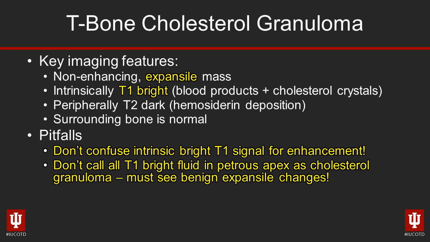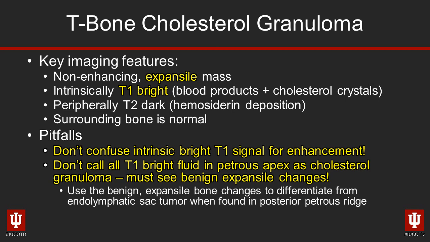This may just be due to proteinaceous or inspissated secretions within aerated petrous apex cells. You certainly don't want to make the mistake of calling those a cholesterol granuloma, because we don't want those patients to go to surgery only to find out afterward that it wasn't really a cholesterol granuloma. Again, I want to stress, use those benign expansile bone changes to make this diagnosis.